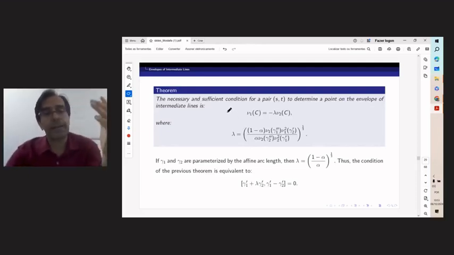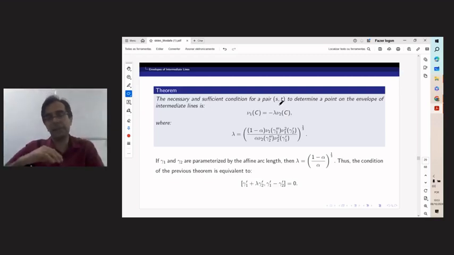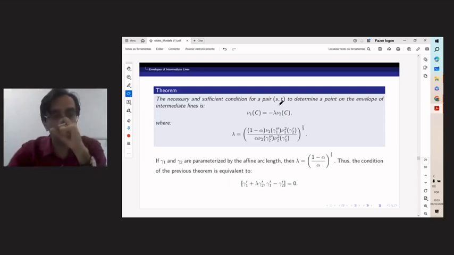We found a necessary and sufficient condition for a pair S and T, parameterizations around the points P1 and P2, for the envelope to have a solution.